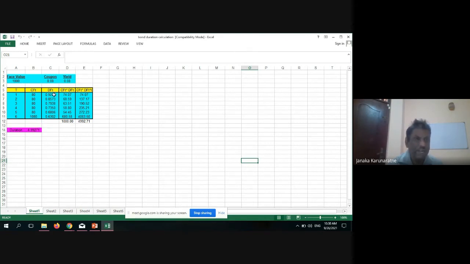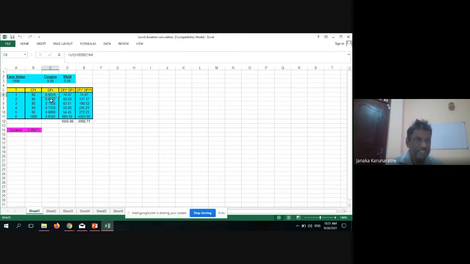Now, the discount factor for the first year is 1 divided by 1.08, that is 1 divided by 1.08 to the power 1.